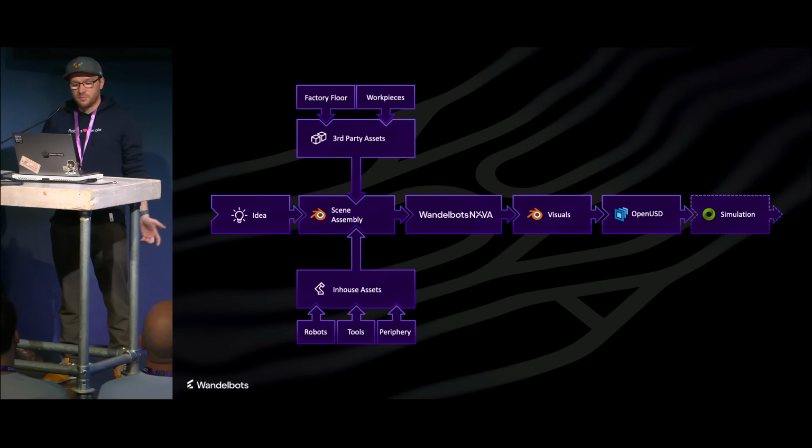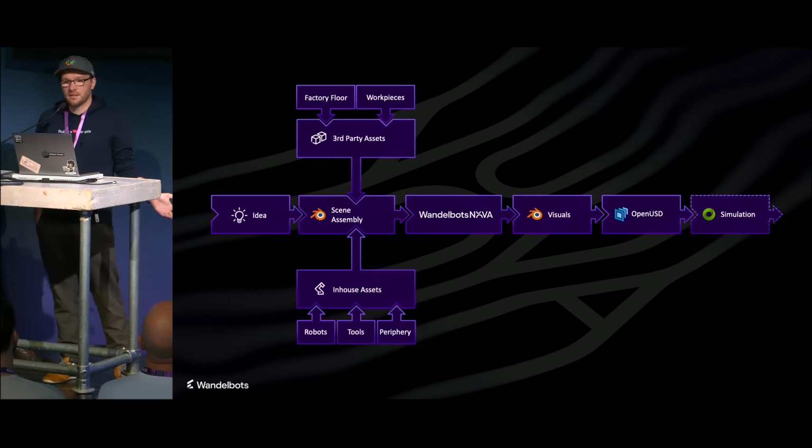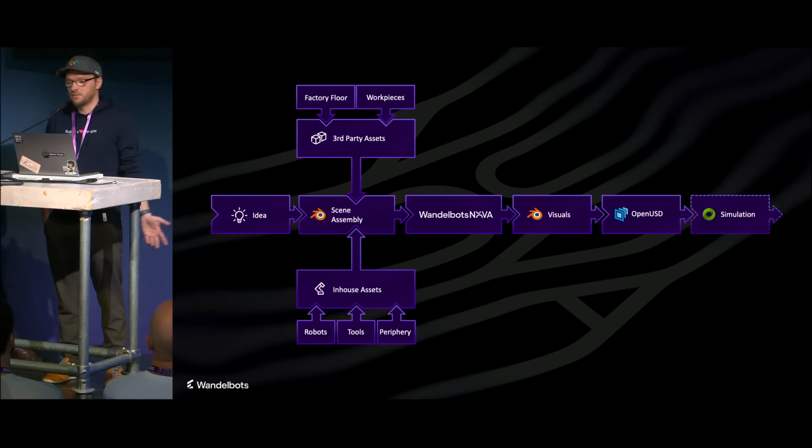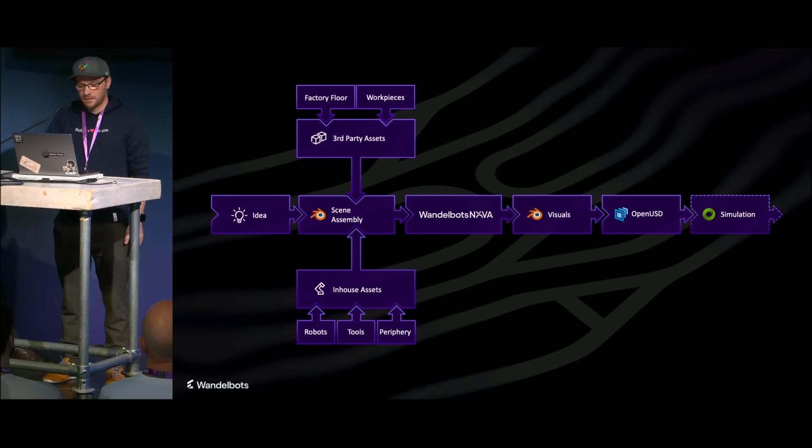Then the robots are moving, so we can create visuals and prototypes. And we can then directly convert it to OpenUSD via the Blender interface and simulate it in NVIDIA Omniverse or directly in Blender, depending on the physical accuracy we need.